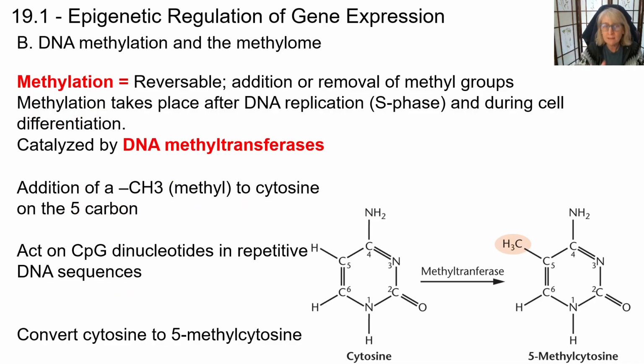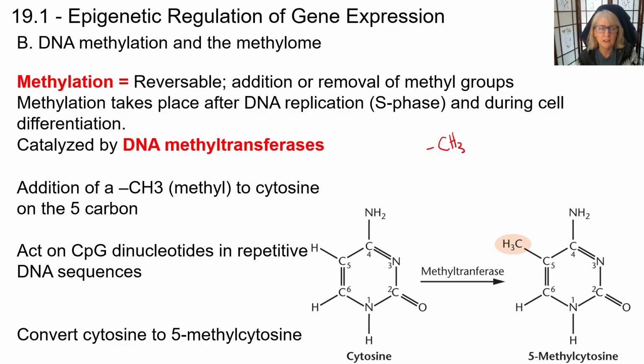So I want to go back to methylation, which I think we have covered three or four times now. This is the idea that you can add a methyl group, basically a CH3 group, to a functional group on a molecule; you methylate it.